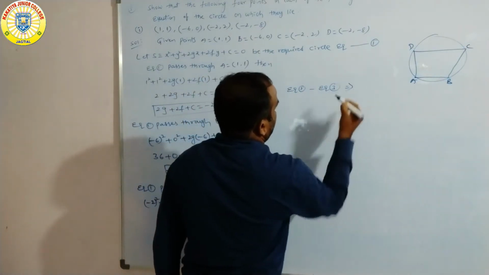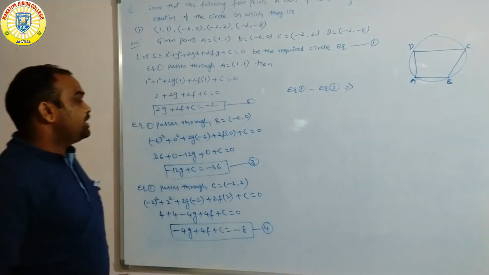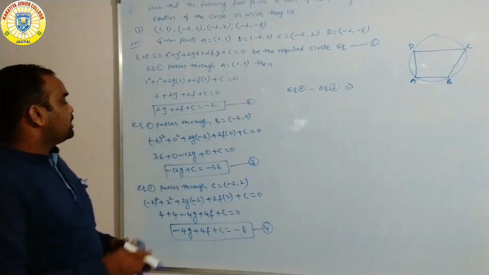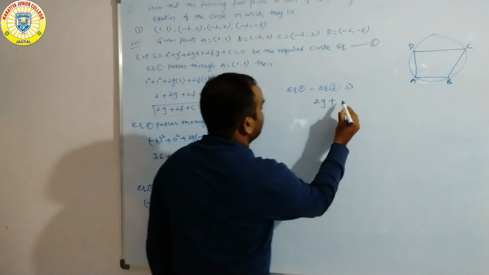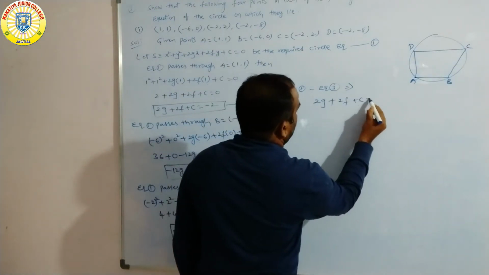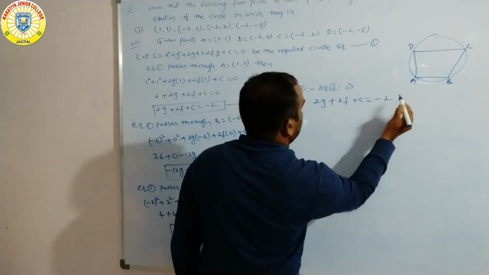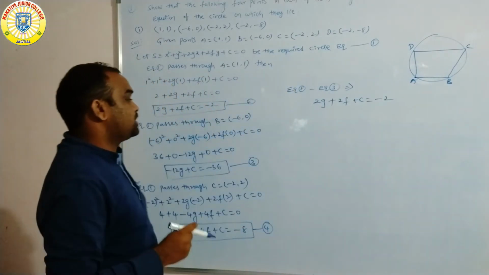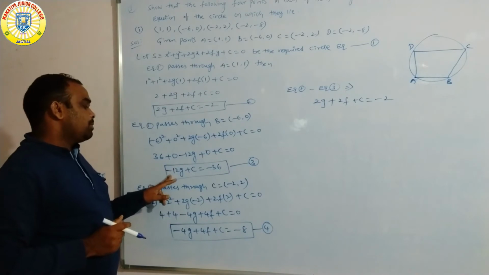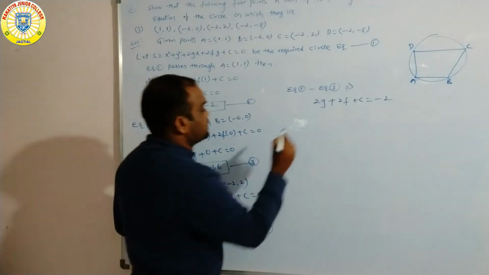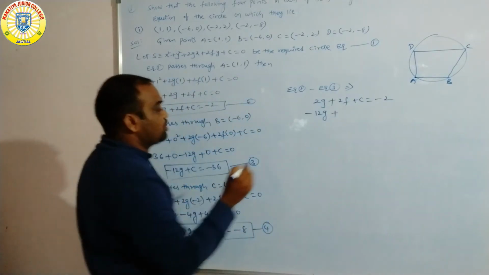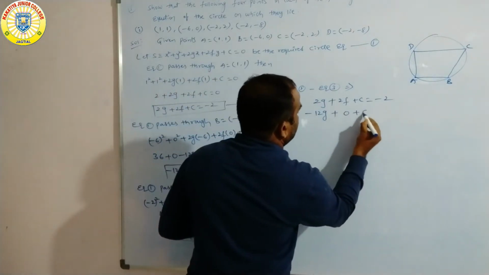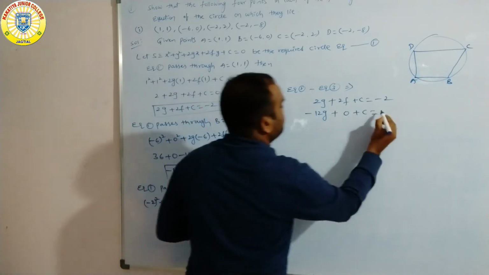Equation 2: 2g plus 2f plus c is equal to -2. What is equation 3? -12g plus c is equal to -36. Here there is no f term, that's why we write 0 plus c is equal to -36.